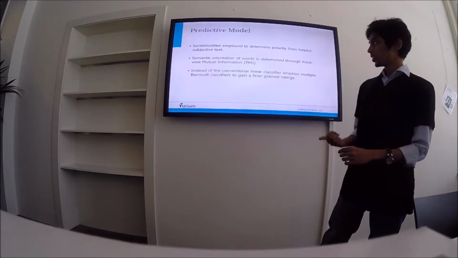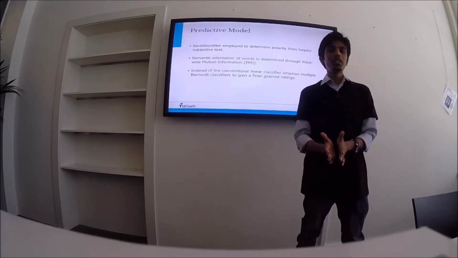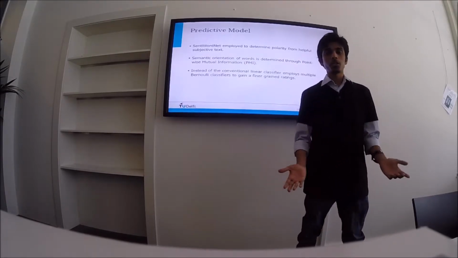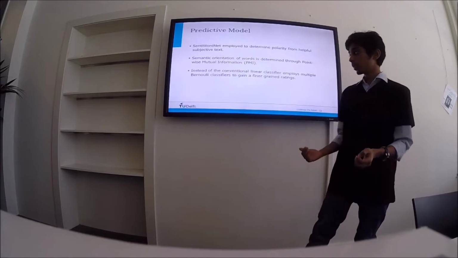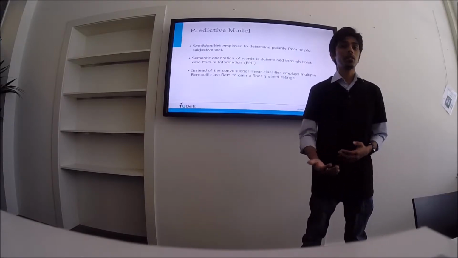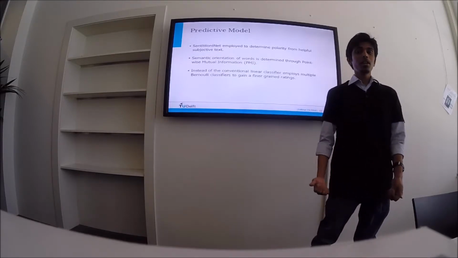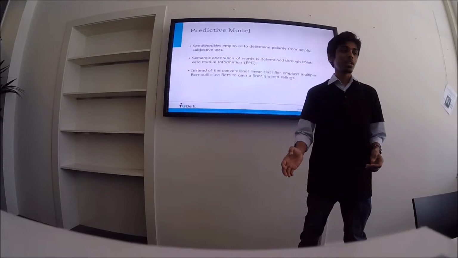And also, instead of using a linear classifier where we only classify objects as either negative or positive, we make use of a multiple Bernoulli classifier, which goes to a finer grained perspective of the review. So it goes on a scale of 1 to 10 and not just negative or positive.